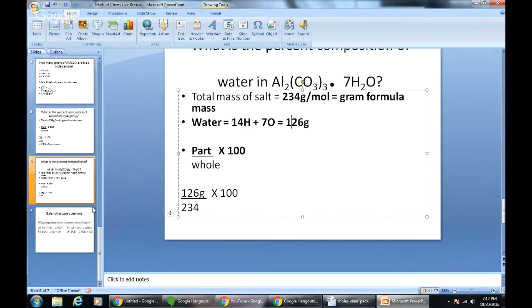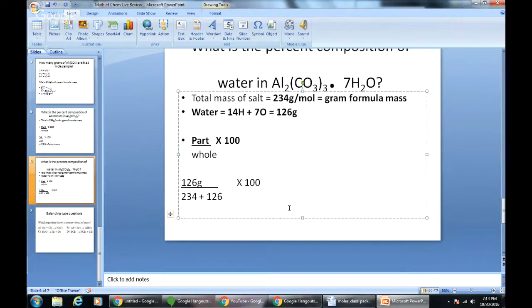So we need to do 234 plus 126, and we're going to multiply all that by 100, and that will give you your answer. So that answer is 35%. So 35% of this is water now in the hydrate.